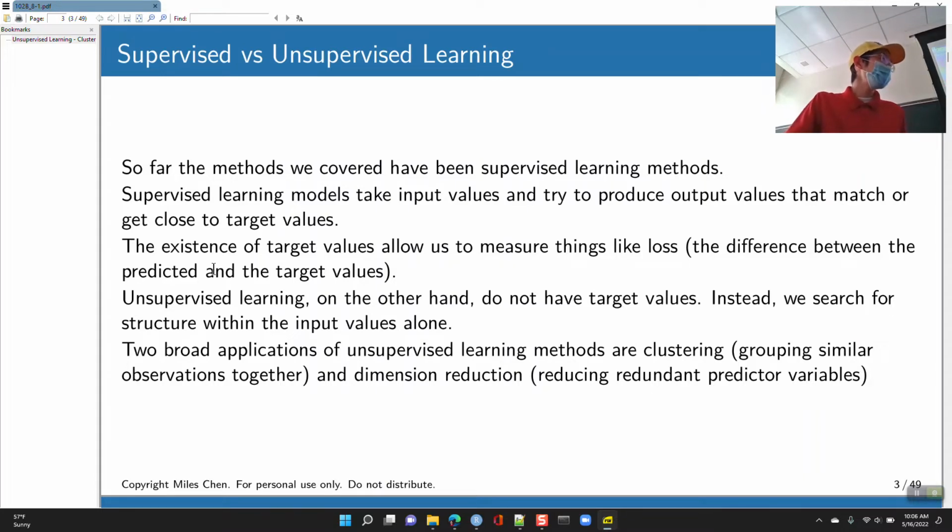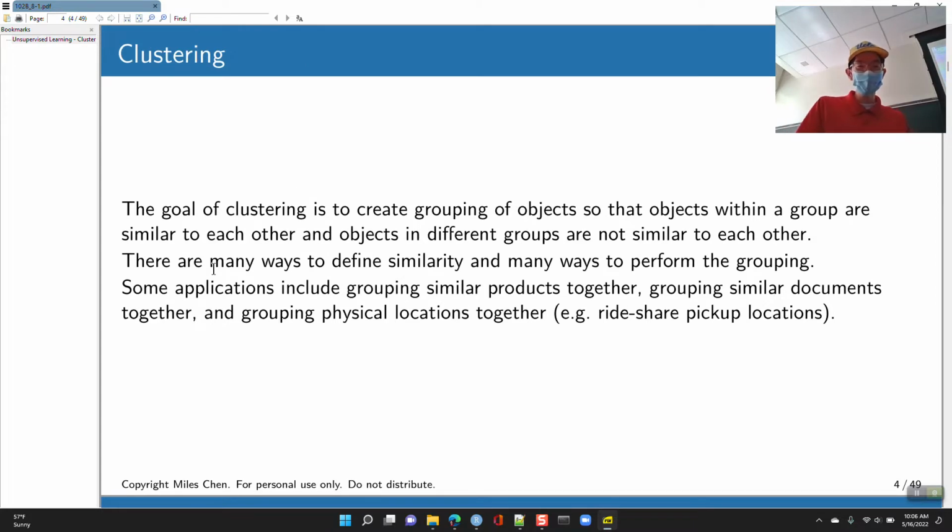Okay, and clustering is all about grouping similar objects together. The goal of clustering is to create groups where the objects within a group are similar to each other, and objects in different groups are different from each other, right?